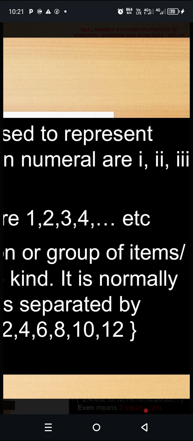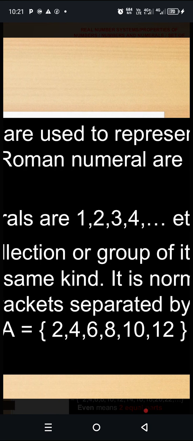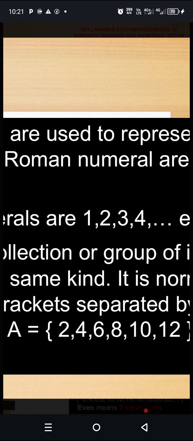Right? So that is very important. Now, 1, 2, 3, 4, 5, 6. There are 6 of them. So we can also say first 6 even numbers, or first 6 multiples of 2. That's correct. Because it's a definite set.